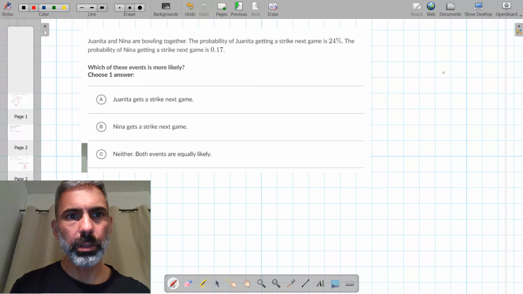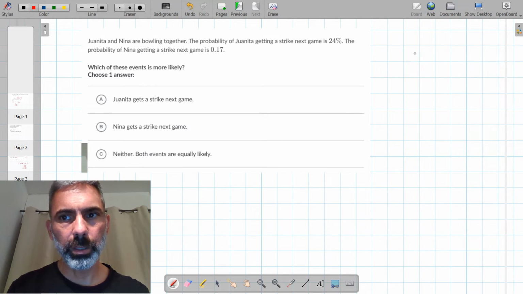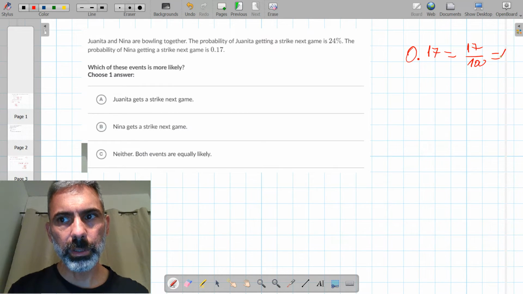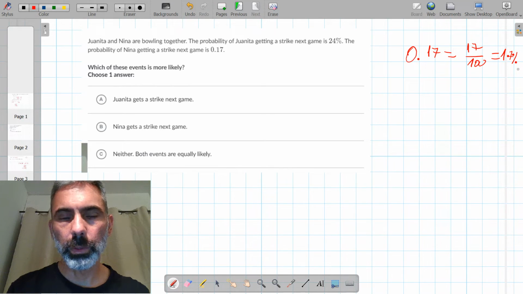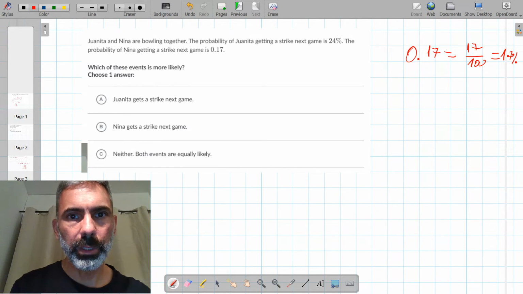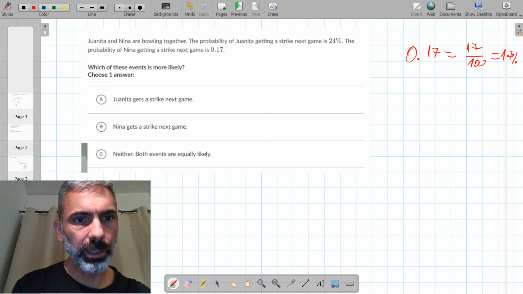Yes, because Nina's chance is 0.17, which is the same as 17 hundredths, which is the same as 17%. 17 hundredths are 17 out of 100. So it's 17%. So Juanita has a greater chance of getting a strike.